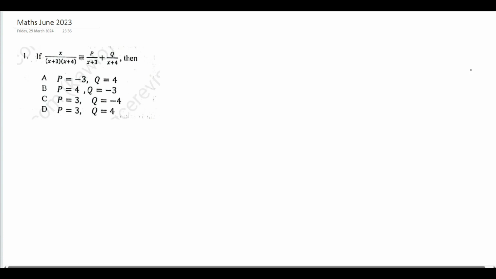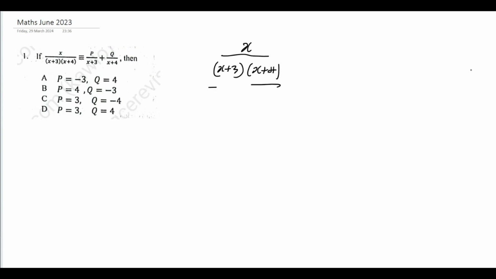So we know that when a partial fraction is given to us, let's say x all over x plus 3 and x plus 4, all of these are linear expressions. So since they are all linear expressions, we can write them as P all over x plus 3 plus Q all over x plus 4.